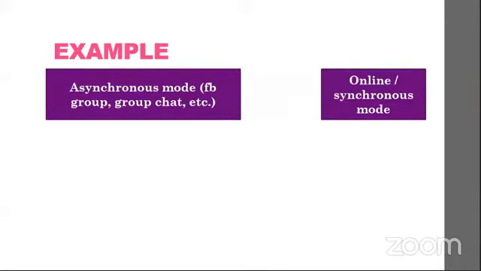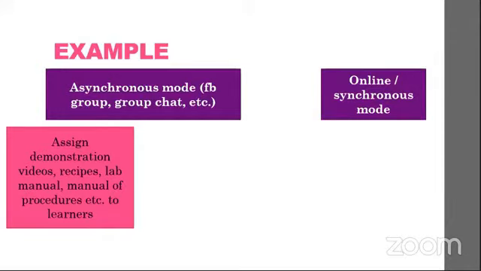Now, as an example, to show how this technique works, first we assign demonstration videos, but due to our current situation, where some students may not access videos or have intermittent internet connection, we can give step-by-step solutions, like in math, lab manuals for science, recipes for TVL, TLE, step-by-step process, or other manual of procedures for them to follow or imitate.